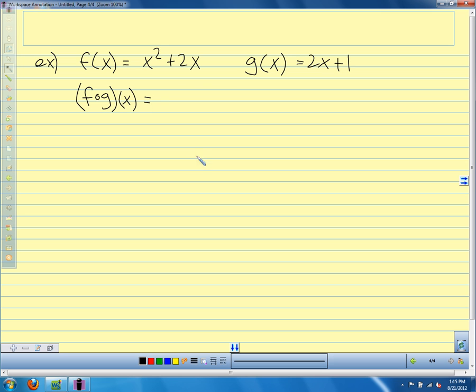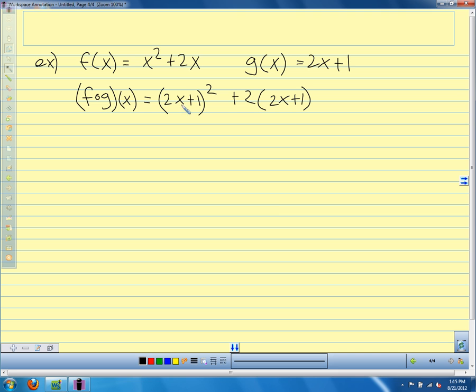What this tells us is we're going to plug g into f for every x we see. So wherever I see an x in f, I'm going to plug in g. So I get 2x plus 1 squared plus 2 times 2x plus 1.